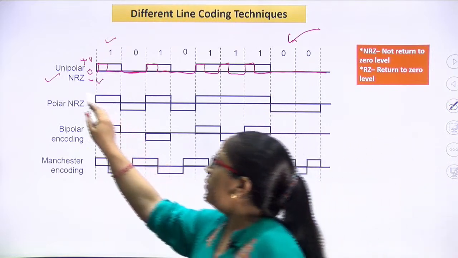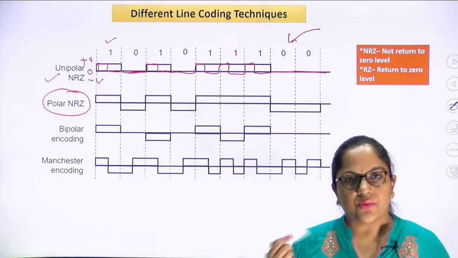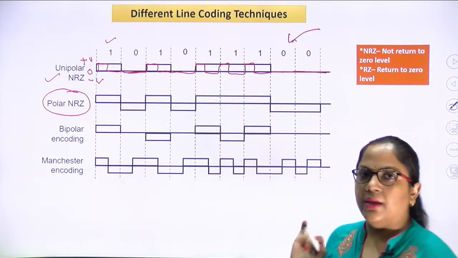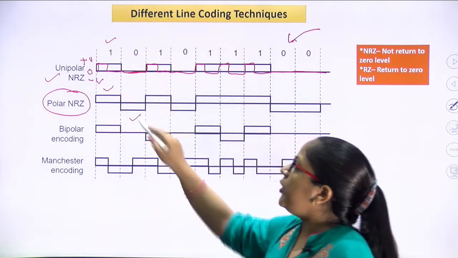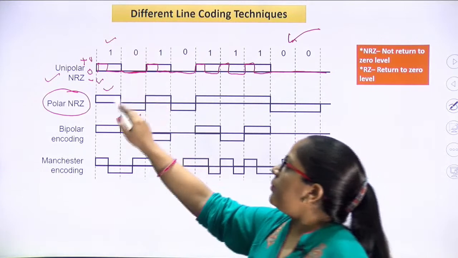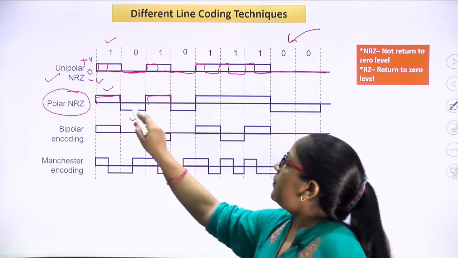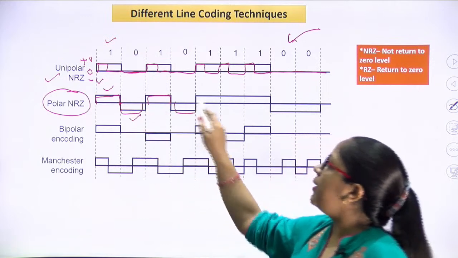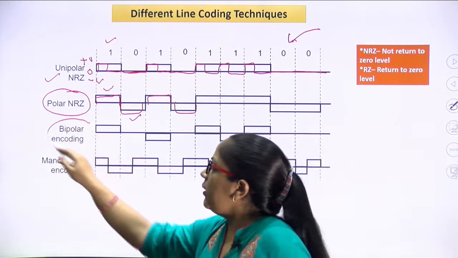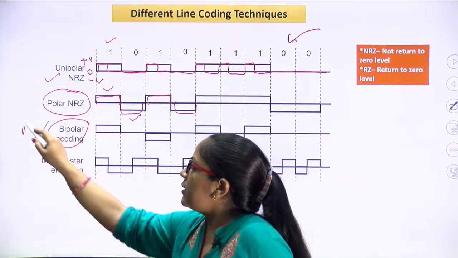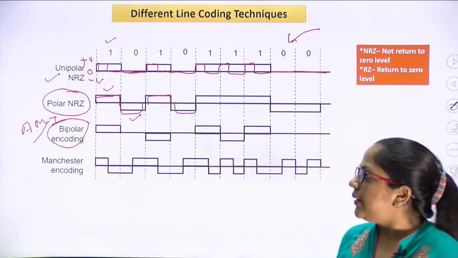Next is polar NRZ. In case of polar NRZ, we will assign positive as well as negative polarity to our bits. Positive polarity corresponds to binary 1 and negative polarity corresponds to binary 0. So wherever binary 1 occurs, we assign positive polarity, and wherever binary 0 occurs, we assign negative polarity. Then next, bipolar encoding, which is also called AMI, alternate mark inversion.